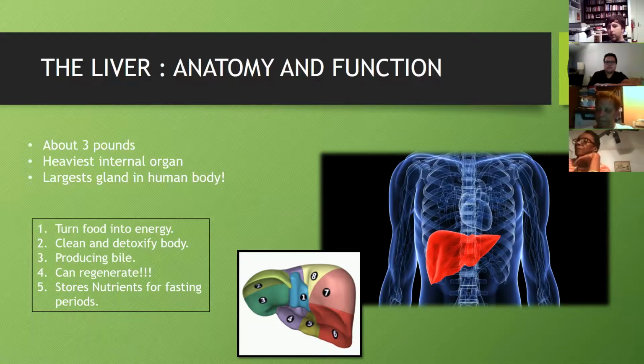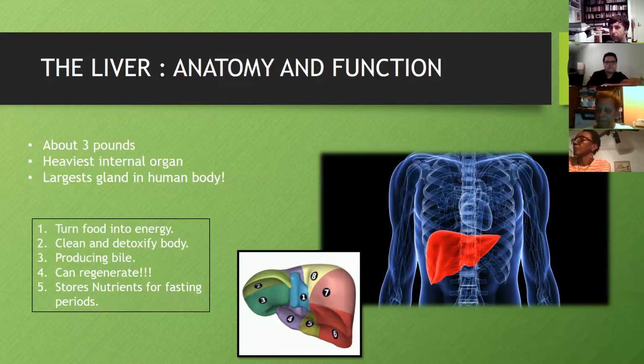Among the main functions of the liver, the first one is to turn food into energy. Also, it cleans and detoxifies the body, it metabolizes and eliminates some drugs, and it eliminates alcohol and some toxins from the system.